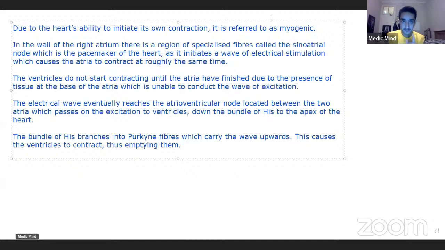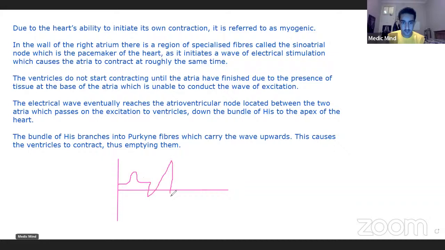So when I draw out an ECG structure, which again is something you should know for your A-level exams, let's say we've got P. That's your general structure of an ECG.